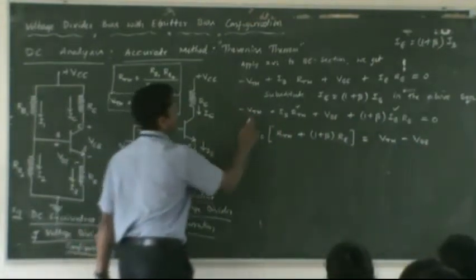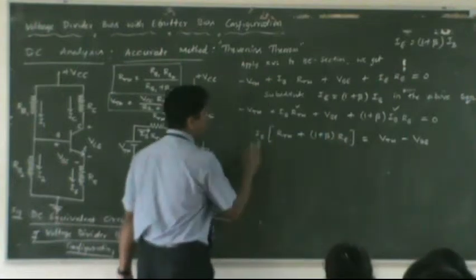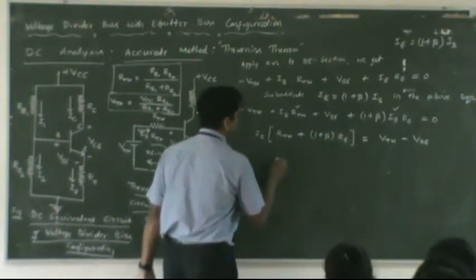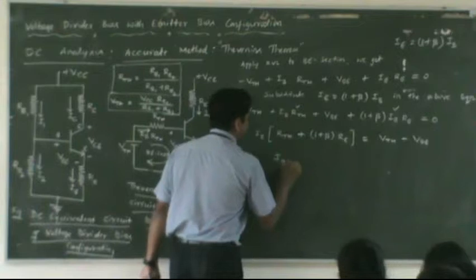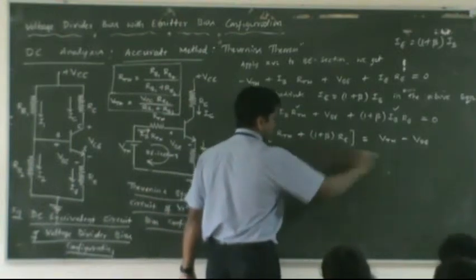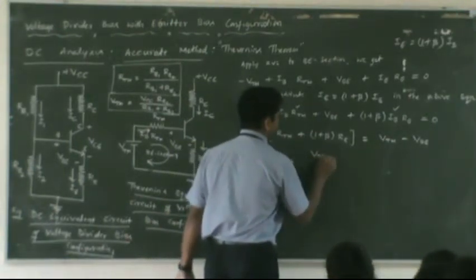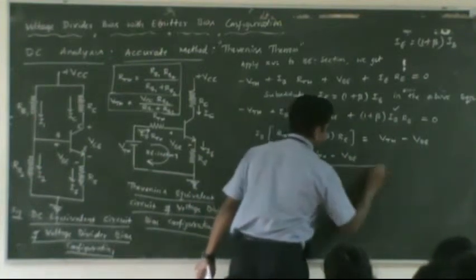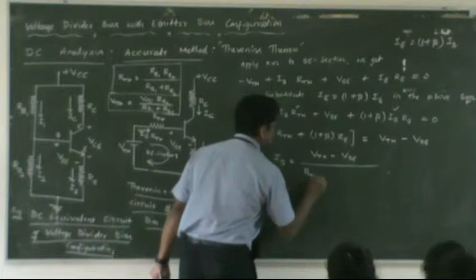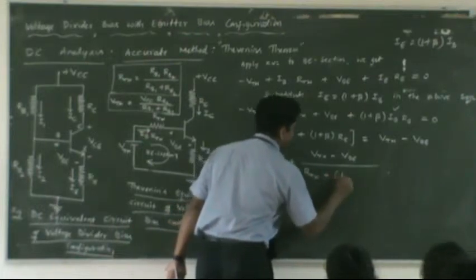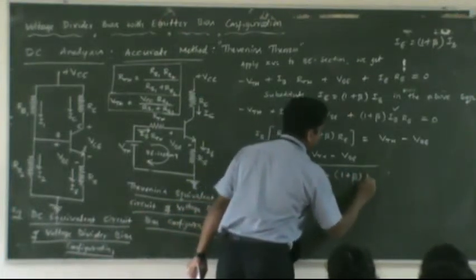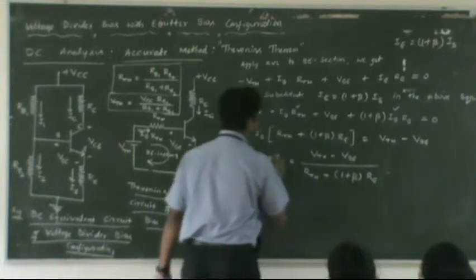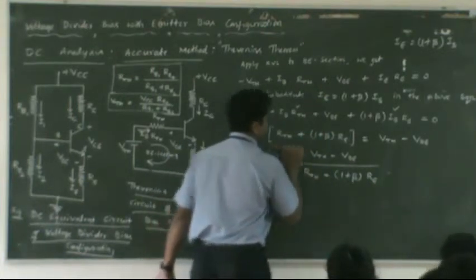We transfer these to the right hand side. I just want an expression for IB. The base current IB is equal to VThevenin minus VBE divided by RThevenin plus 1 plus beta times RE. This is the expression for the base current.